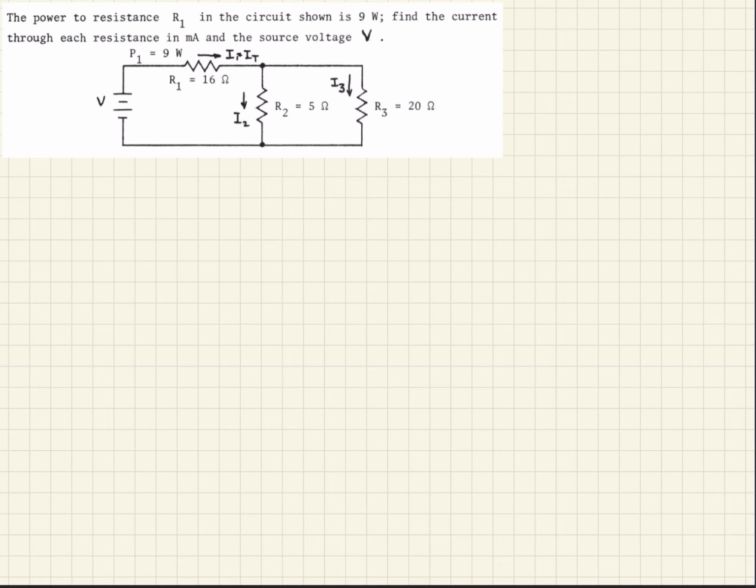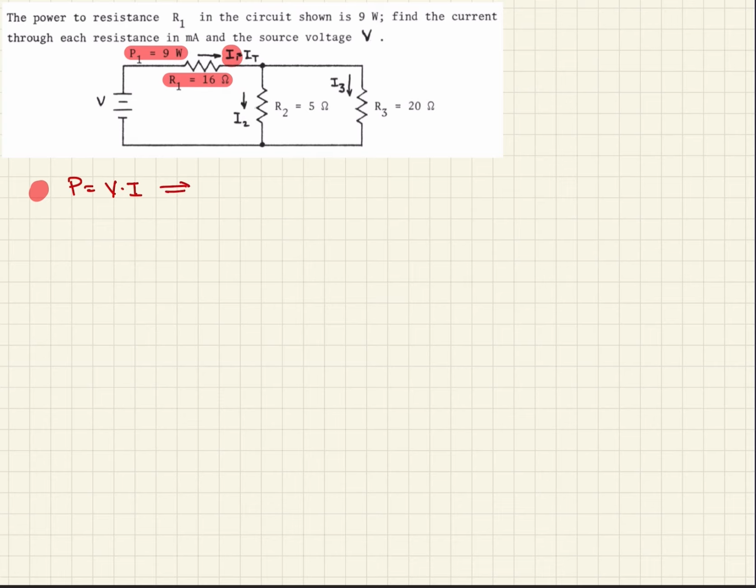So the first thing we want to do is make use of this power and this resistance, so R1 and P1. There should be enough information there for us to calculate I1. To do that, we need to recall our power equation, which is P equals the voltage times the current.